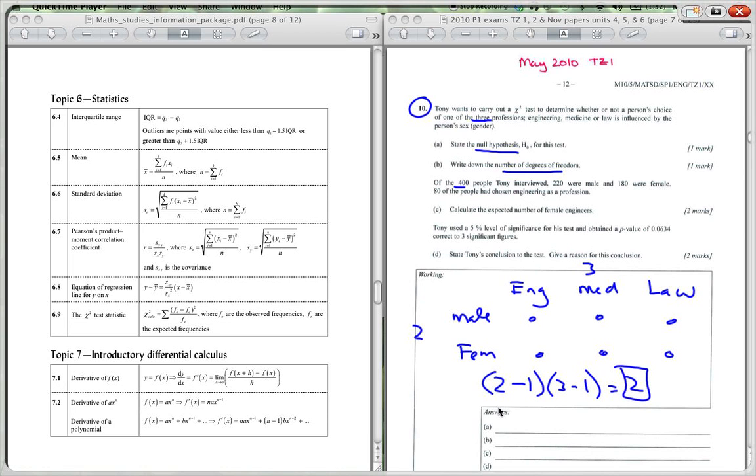Then it says, of 400 people Tony interviewed, 220 were male and 180 were female. 80 of the people had chosen engineering as a profession. Calculate the expected number of female engineers.